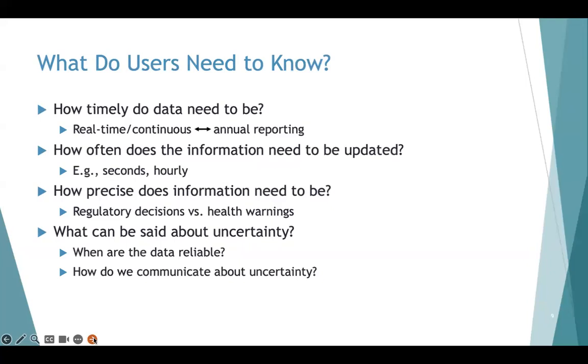And finally, what can be said about uncertainty? අපිට මොකක්ද කියන්න පුළුවන් මේ uncertainty එක ගැන? What are the data which is reliable and how do we communicate about uncertainty as well? මෙතනදී අපිට කතා කරන්න වෙනවා data uncertainty එක ගැන. Is it clear up to this point?